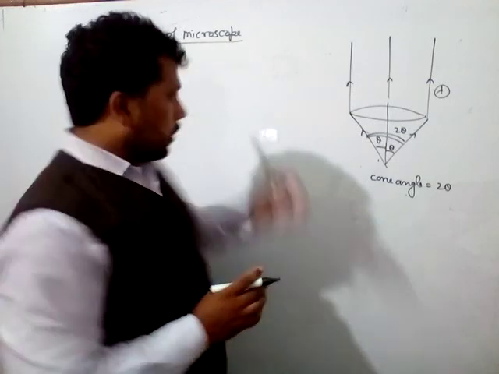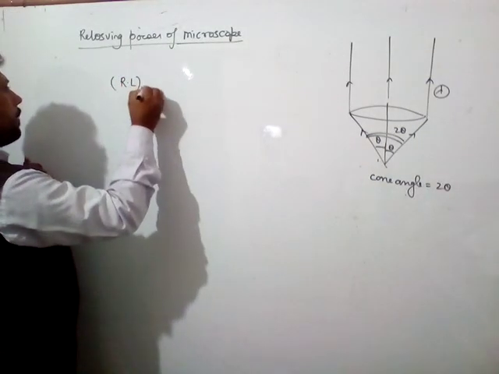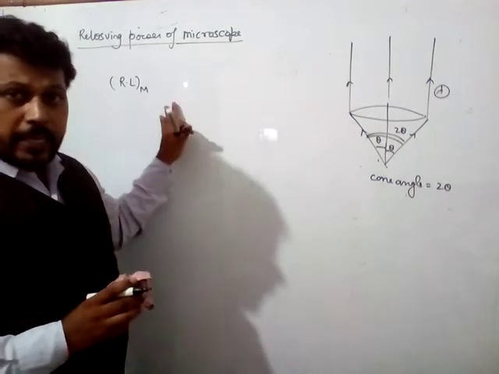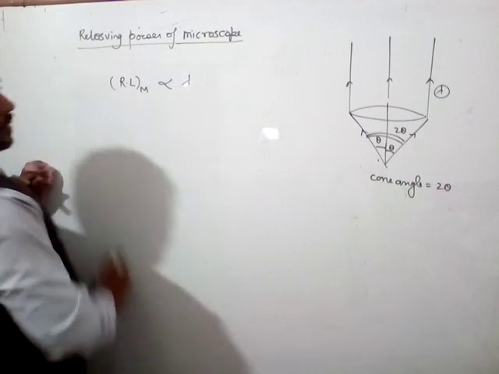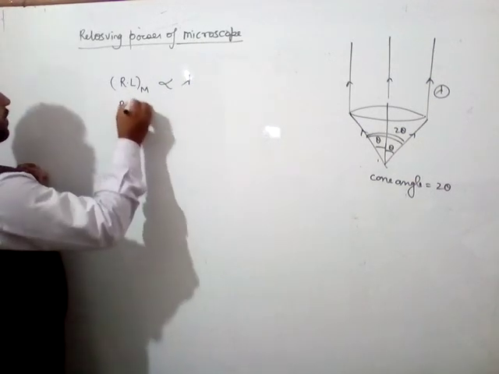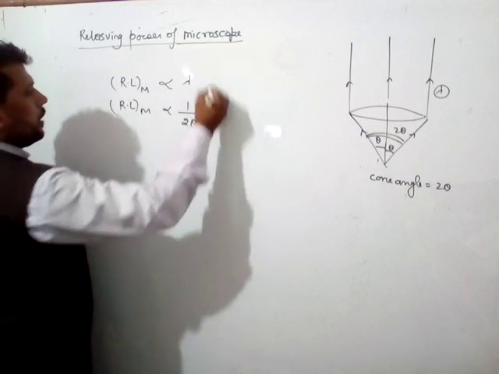So the resolving limit of the microscope, now using m for the microscope, is proportional to lambda, and inversely proportional to the cone angle 2 theta.